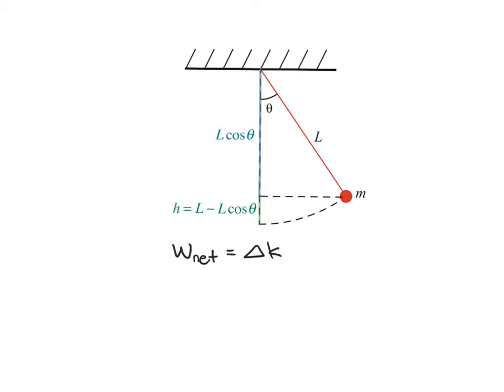And to remind you, what the work kinetic energy theorem says is that if we identify a system that consists of a point mass, and that's certainly going to be the case here because our system is going to be the pendulum bob, which is a point mass, and we let the system go through some change in which there is work done on it by external forces, and we want to calculate the net amount of work done by all the forces acting on the system, the work kinetic energy theorem says that that should give us the change in the kinetic energy of the point mass.